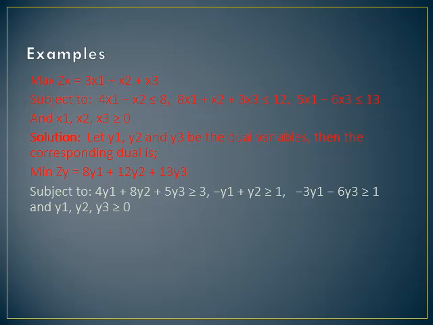So let's return back. We need to fix the second constraint, which is more or equal. We need to fix it as less or equal to be suitable for the maximization problem.